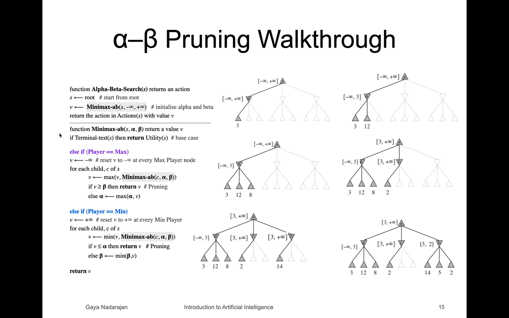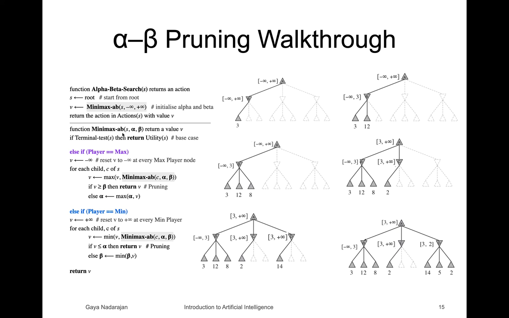And so let's step through this. So at the root, okay, the values in the square brackets are values of alpha and beta. Everywhere you see it's the value of alpha and beta, so alpha first followed by beta.